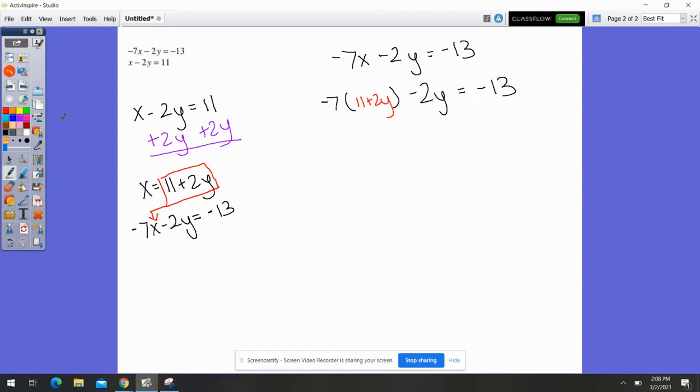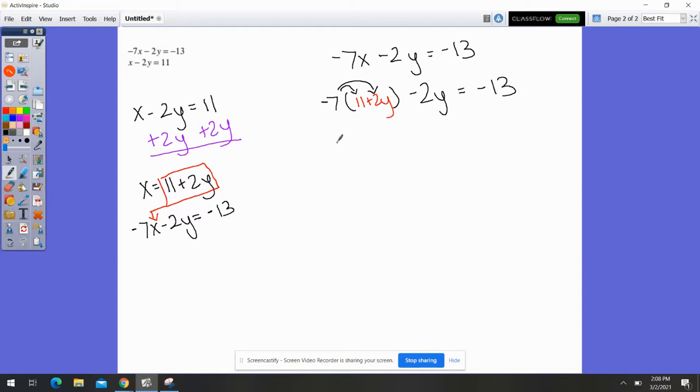Okay. At this point, the whole equation is now in terms of y. So we can solve for y first, which is different from the past few examples we've been looking at. So first, when we always have a number in front of the parentheses, it tells us to do the distributive property.